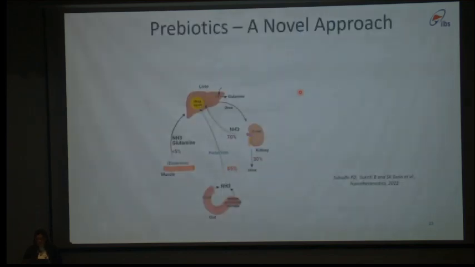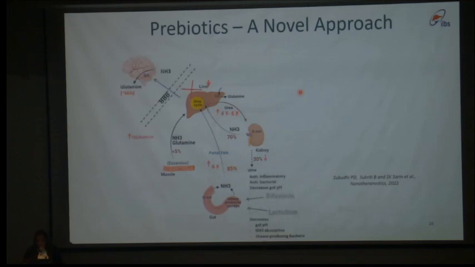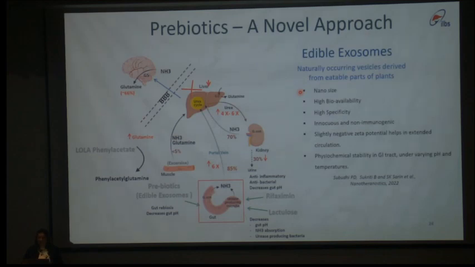Whenever there is a hepatic injury, there is a higher level of ammonia, and for this we use standard medical therapy such as lactulose, rifaximin, and LOLA, but this all comes with the baggage of side effects. So, can edible exosomes have an impact and prove a novel prebiotic therapy for hyperammonemia or not? That was our question.